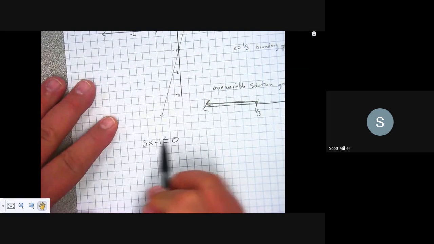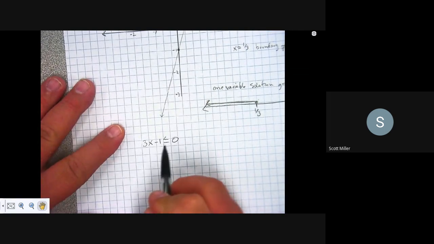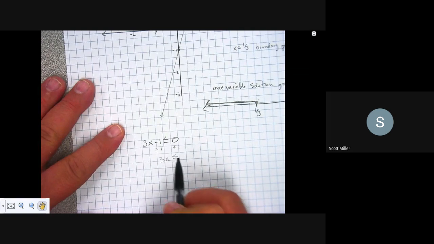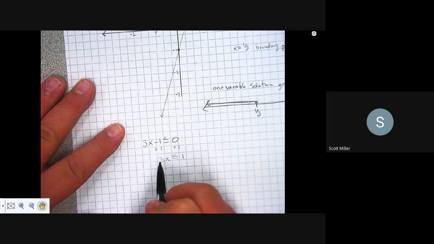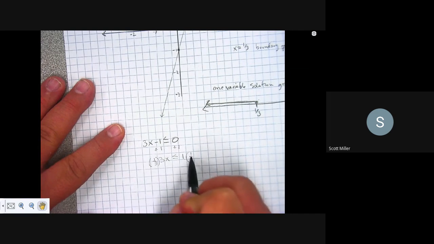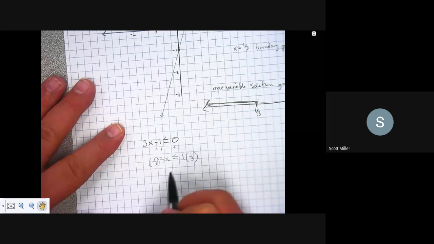If I can visually see an equal sign here, then the step I need to do is add the opposite of 1 to both sides. I get 3x. The symbol still points in the same direction. Then I'm going to multiply by the reciprocal or divide by 3, whichever way you're comfortable with. This side over here becomes an x.